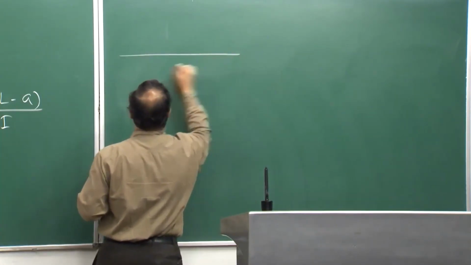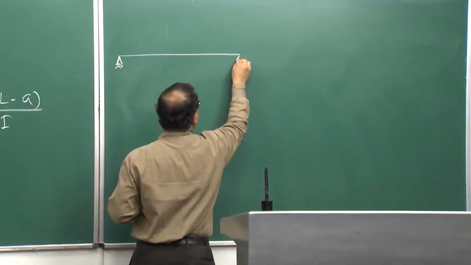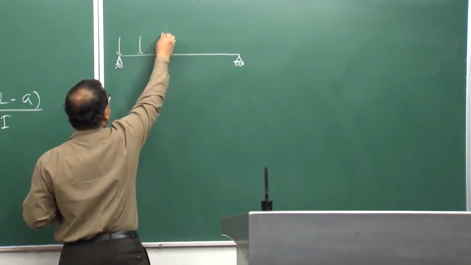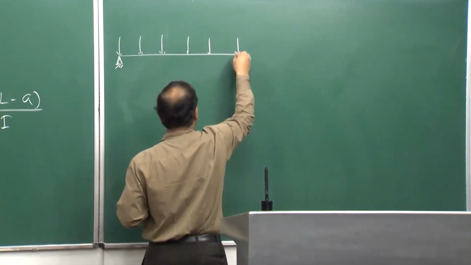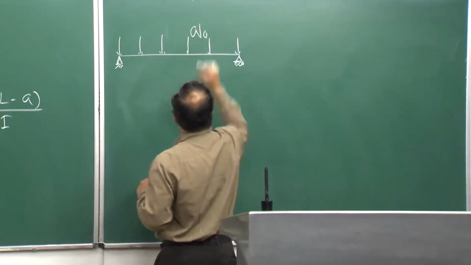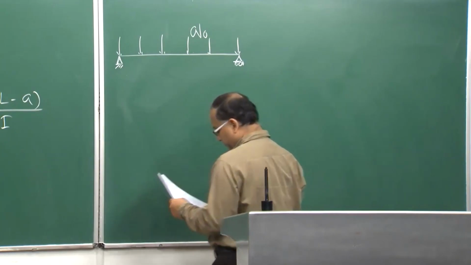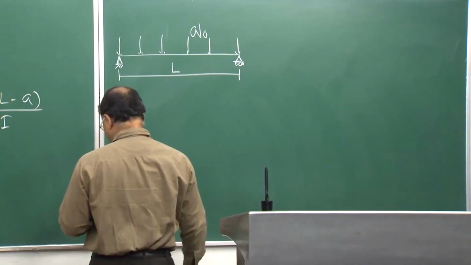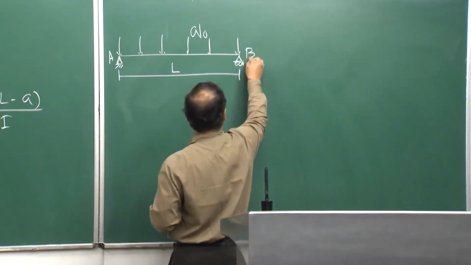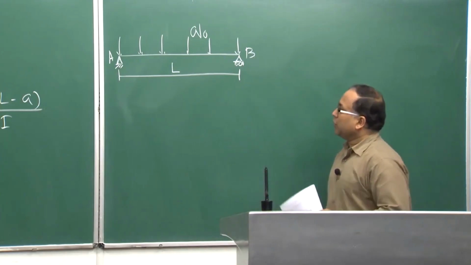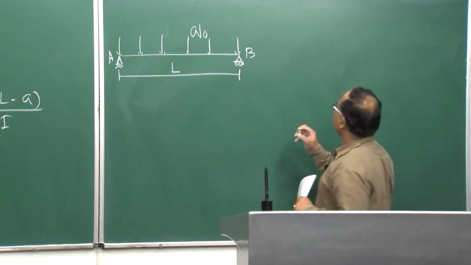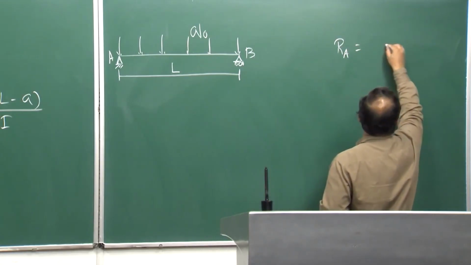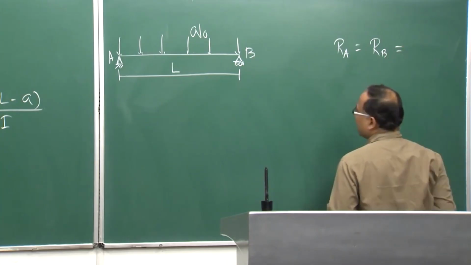This is a simply supported beam under the action of uniformly distributed load q naught per meter length, and the total span of the beam is L, this is A, this is B. Now, if you want to find the reaction at A and reaction at B, both are the same, and this is a symmetric problem.